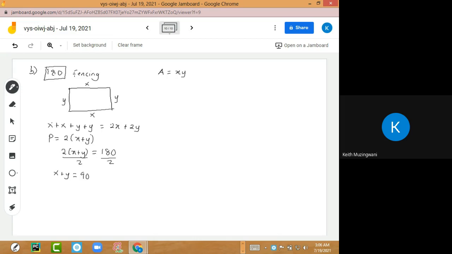Now we want this as large as possible, meaning if we solve for y, we force it to be quadratic, then the area will be a function of x, which is x multiplied by 90 minus x, giving us 90x minus x squared, which is negative x squared plus 90x.